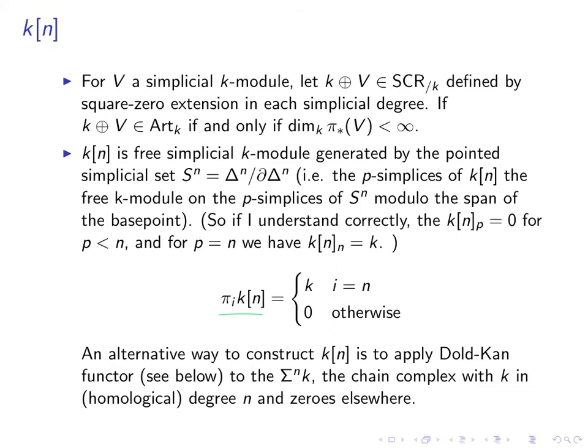Now, an alternative way to construct the simplicial module k bracket n is to apply the Dold-Kan functor, which we're going to talk about later, to the suspension or shift of just a single k, and the suspension is just the chain complex with k in homological degree n and zeros elsewhere.